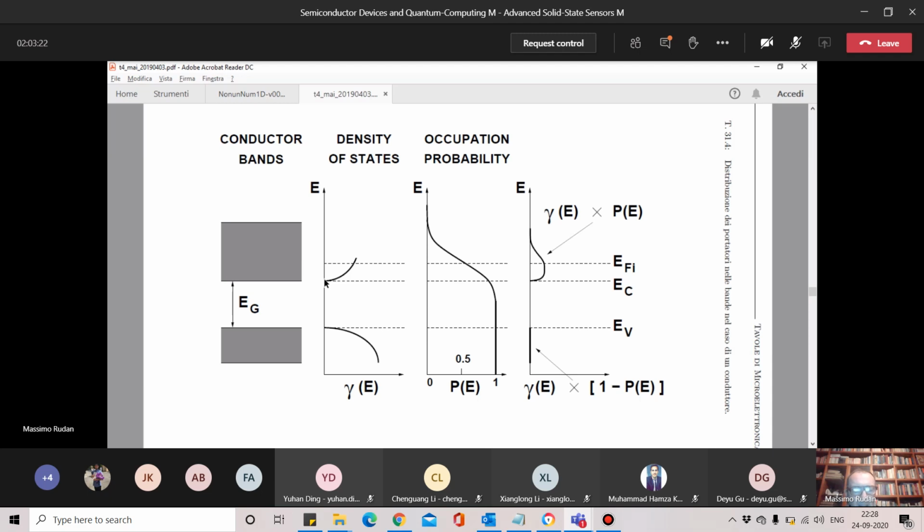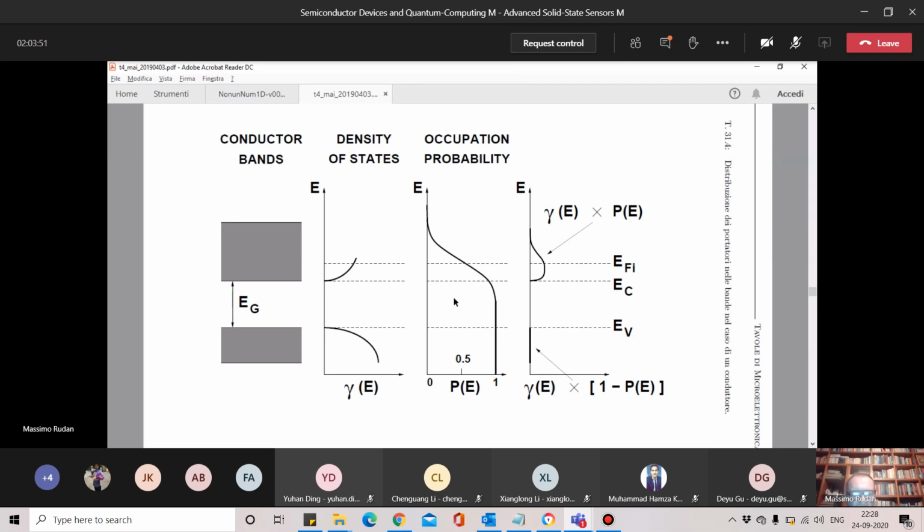You remember that in the parabolic band approximation, the density of states behaves like the square root of the kinetic energy. So this is a square root of E minus a constant, and this is also the square root of a constant minus E when looked at from the vertical axis.